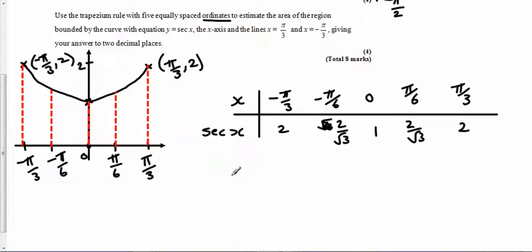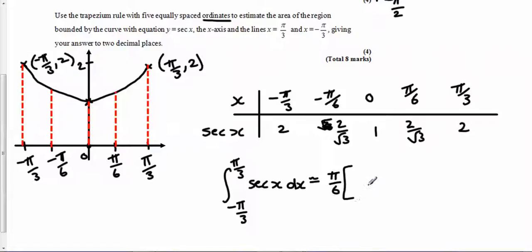And then you need to put those all into the formula for the trapezium rule. So what we're actually trying to find is the area from minus pi by 3 to pi by 3 of sec x with respect to x, and we're going to estimate that using the trapezium rule. So we end up with pi by 6, because that's the width of each strip, and then we've got the first height, the first ordinate if you like, and then plus 2 lots of all the ones in between.